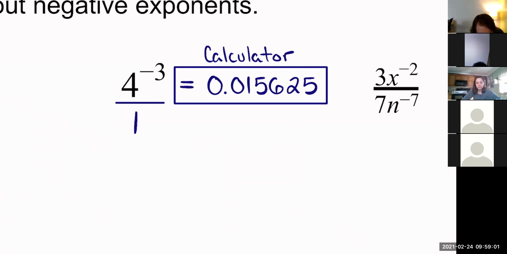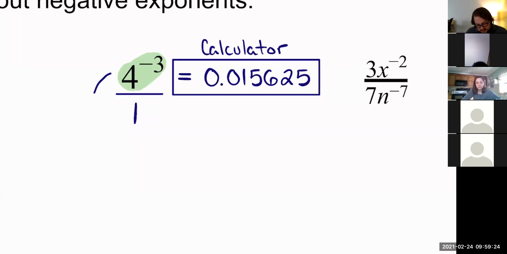Okay, so you said something about flipping it. So far, everything we've been doing, we've been moving the bases that have negative exponents to the other side of the fraction. Well, this one didn't look like a fraction, but if we go back to our days of slope, any of our slopes that didn't look like fractions, we wrote them over 1. So we apply it here.